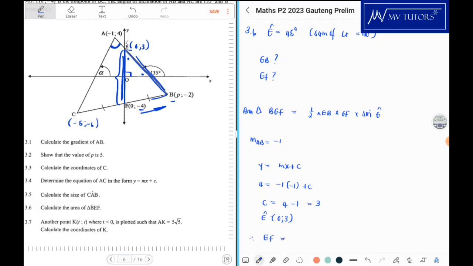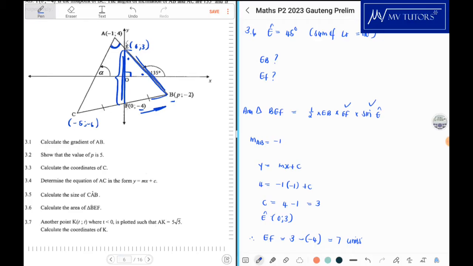Because I have 3 minus -4, from top to bottom. So the distance there is 7 units. That's EF. So we have EF, we have sine E.